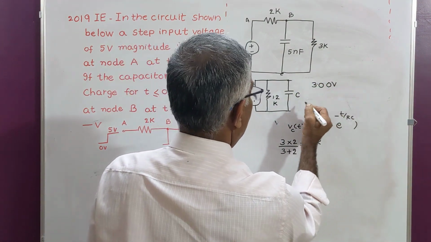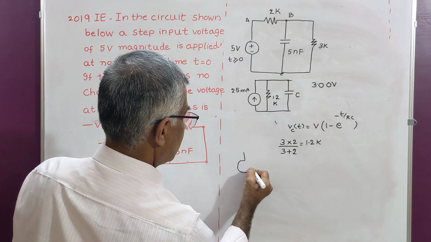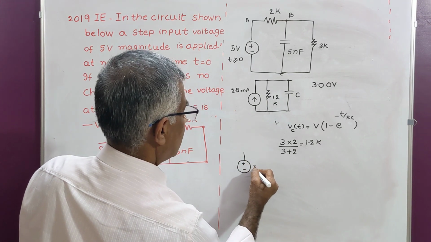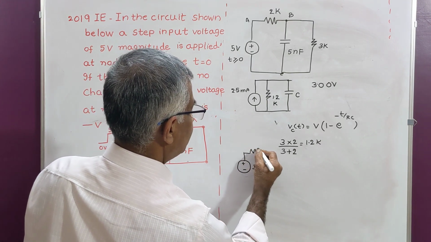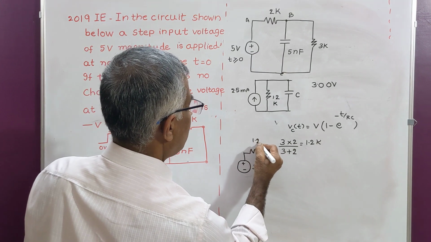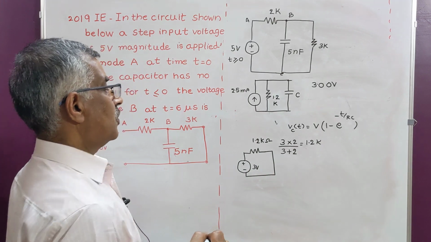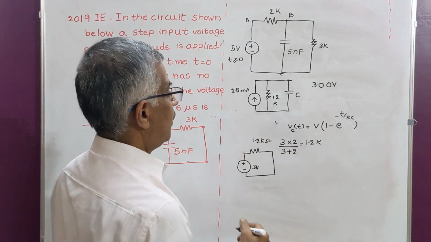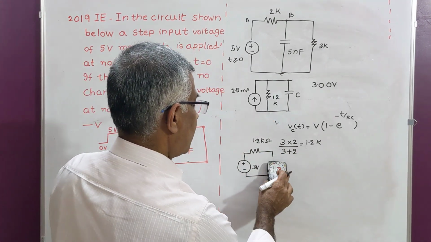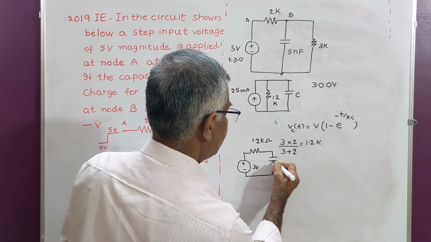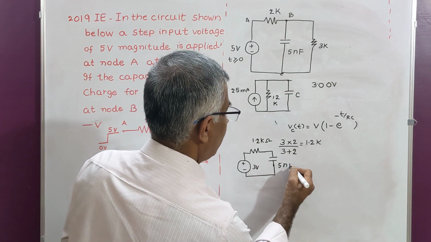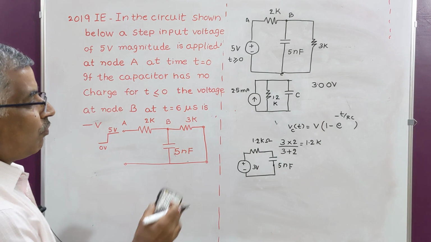So 3 volts in series with 1.2 kilo ohms. Then the capacitor is connected here, 5 nanofarad.